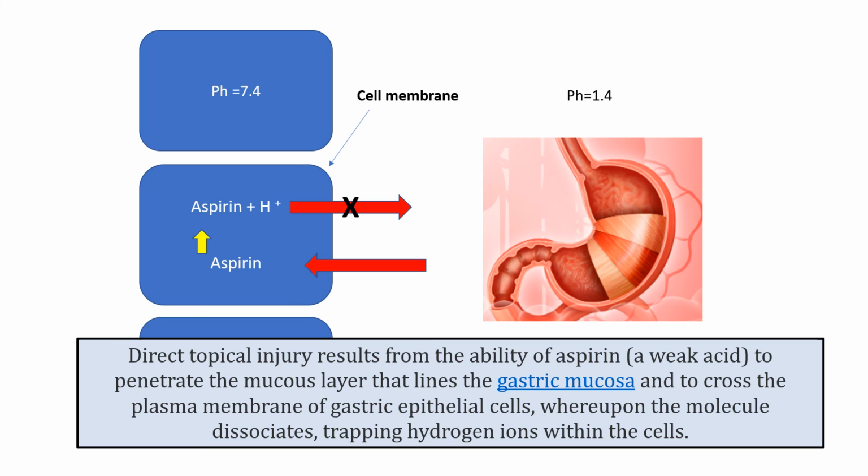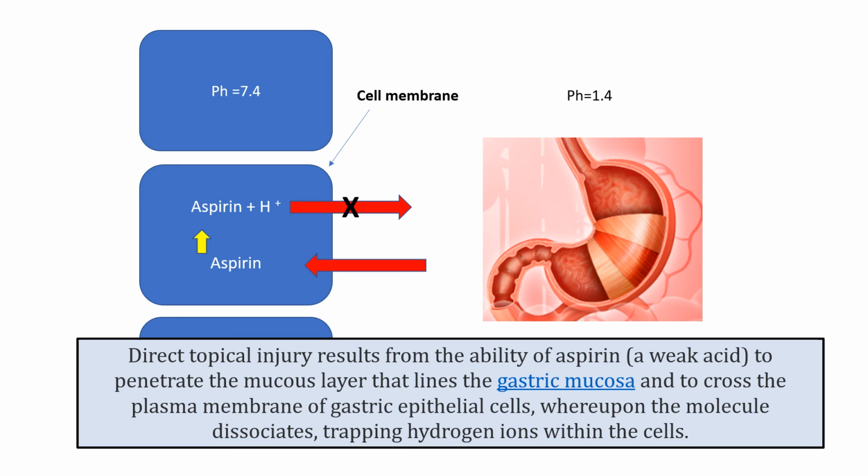One of the common examples of ion trapping is aspirin-induced ulcers. There are a lot of mechanisms through which aspirin causes ulcers, and this is one of them. Aspirin is a weak acidic drug, and the GI content in the stomach is quite acidic, so aspirin is not ionized and penetrates the cell membrane. Direct topical injury results from the ability of aspirin to penetrate the gastric mucosa and to cross the plasma membrane of the gastric epithelial cells, where the molecule dissociates.